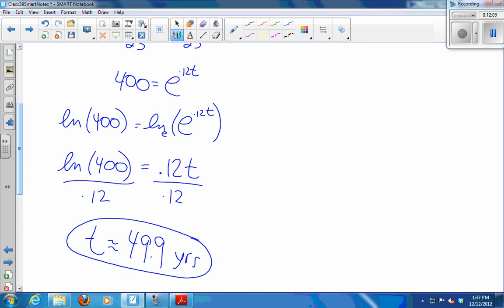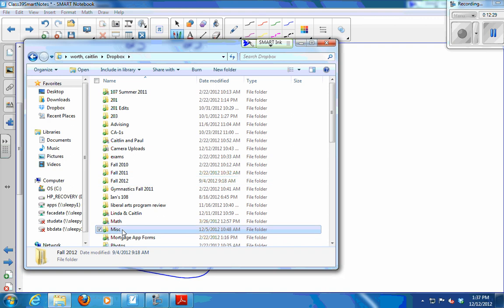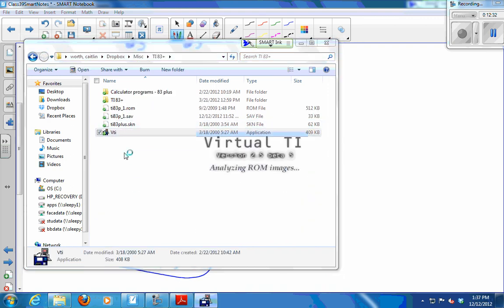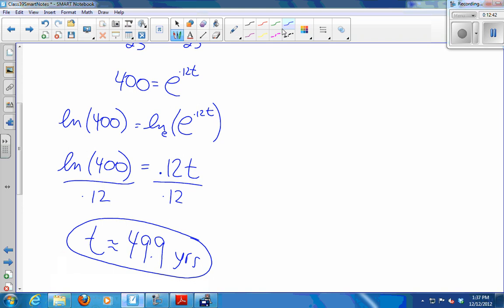About 50 years after 1976 would be 1976 plus 50, 2026. So the year 2026.